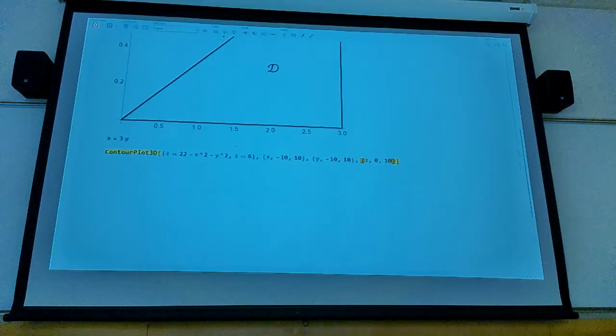I don't think it's going to be high enough, but we'll see. Is there anything else like an axis or an axis label?